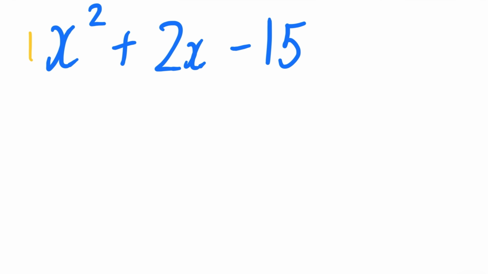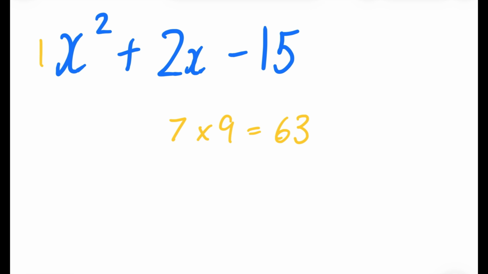And how are we going to approach factorising this? Well, first of all, what are two factors? They're two things multiplied together that make something else. So, for example, if we say that 7 times 9 equals 63, these two are factors here.